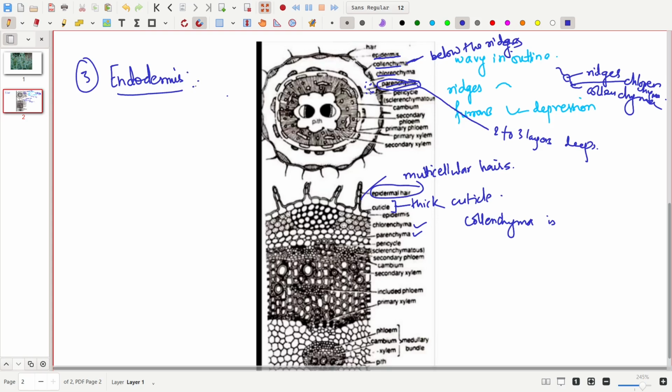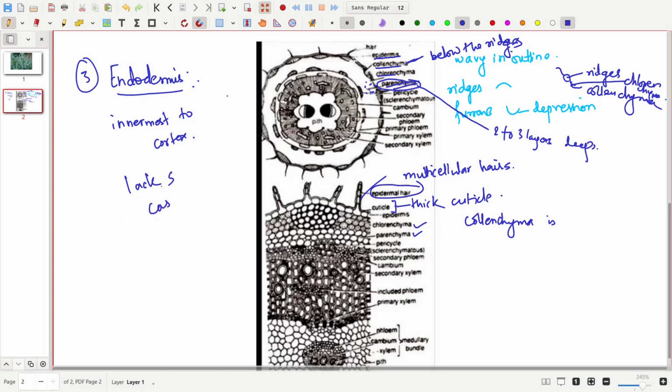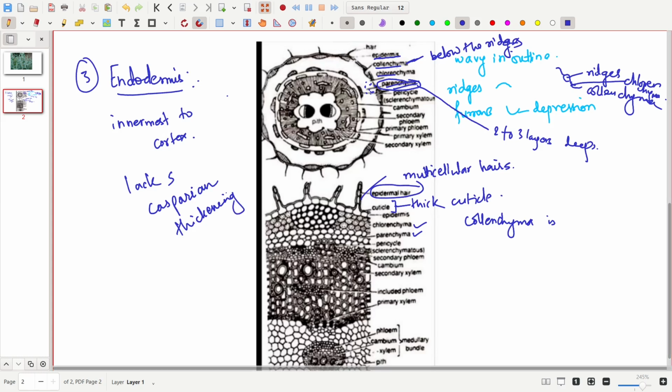In the old stem, the endodermis is just innermost to the cortex, as in others. It consists of elongated cells which lack Casparian stripes or thickenings. But actually, in the old stem, the endodermis is not clearly seen.